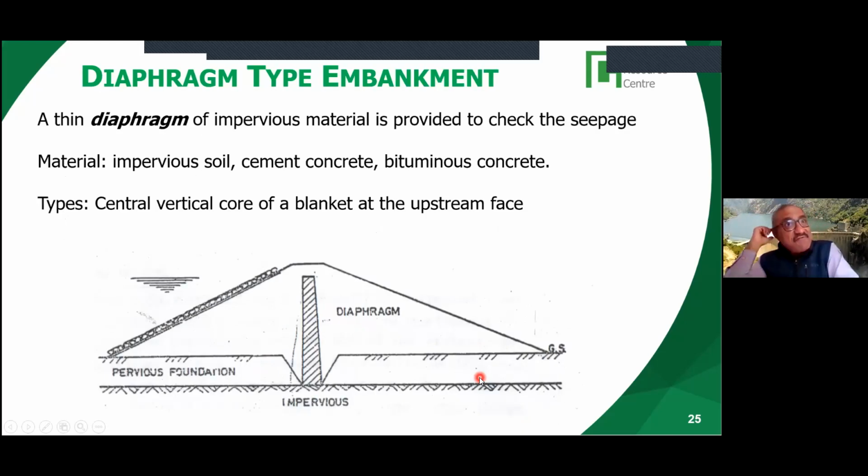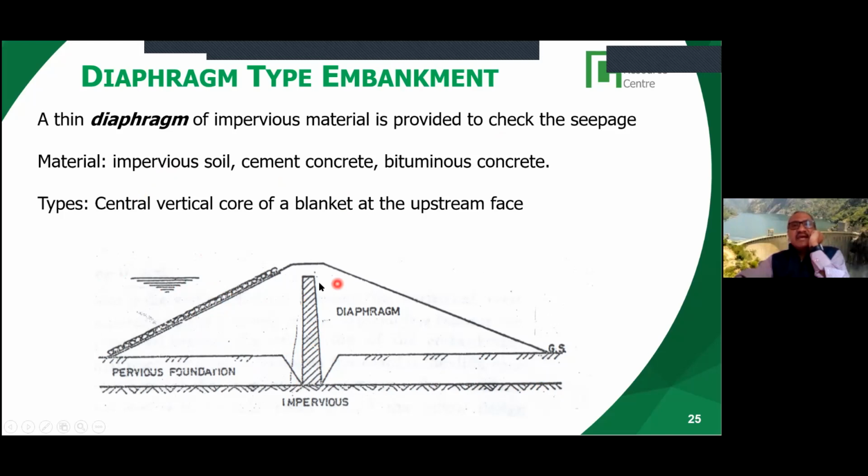And the diaphragm type embankment is a thin diaphragm of impervious material, basically to check the seepage of water from the upstream to the downstream. The material used in the diaphragm is obviously impervious, and can be cement concrete or bituminous concrete.